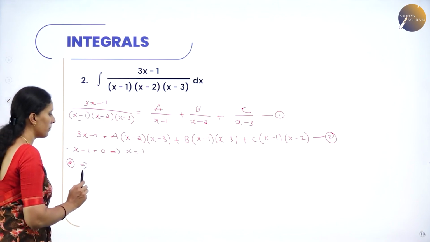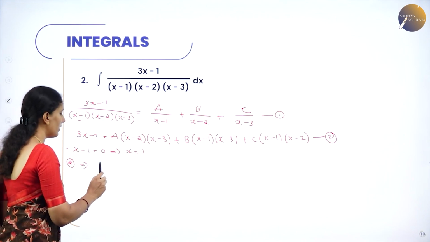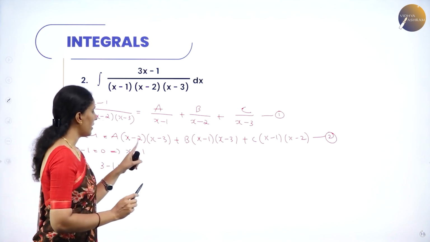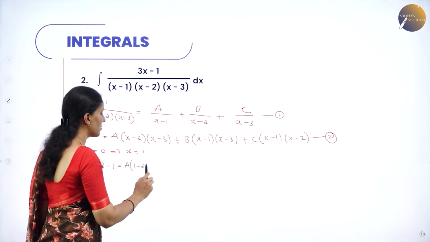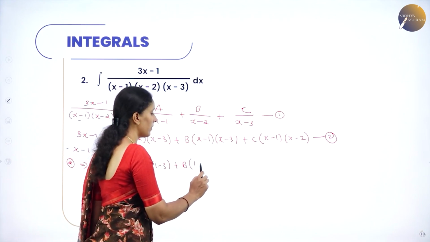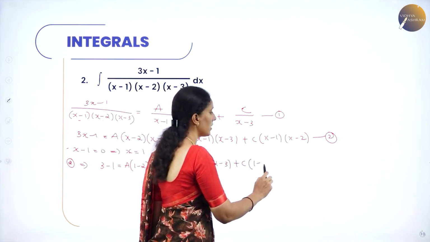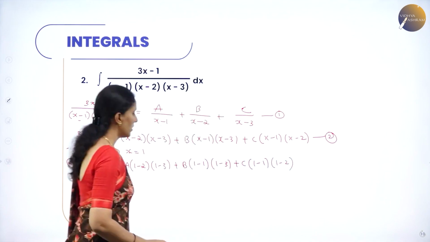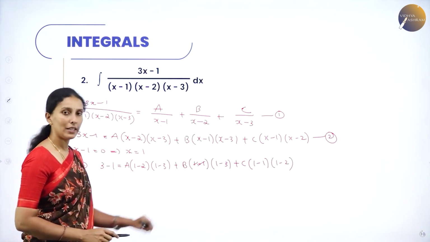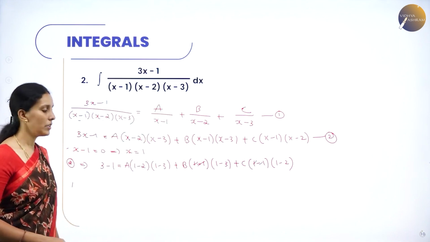Now equation 2 implies, if you take x is equal to 1 here, 3 into 1, 3 minus 1, equals a into 1 minus 2, 1 minus 3, plus b into 1 minus 1, 1 minus 3, plus c into 1 minus 1, 1 minus 2. So now you can see 1 minus 1 cancels. So 0 into anything is 0. Here also 1 minus 1 cancels. So 0 into c is 0.